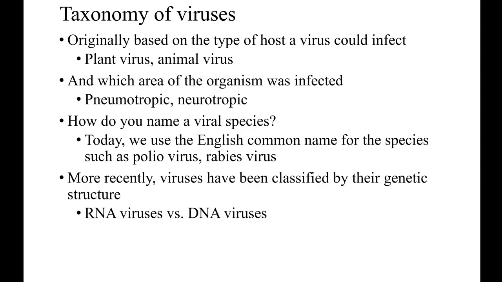They could also classify them depending on what type of tissue was actually affected. So, did it affect nervous tissue? The naming of viruses is a little different than the naming system that we talked about with binomial nomenclature. Mostly, we use the common name for the species, something like poliovirus or rabies virus.